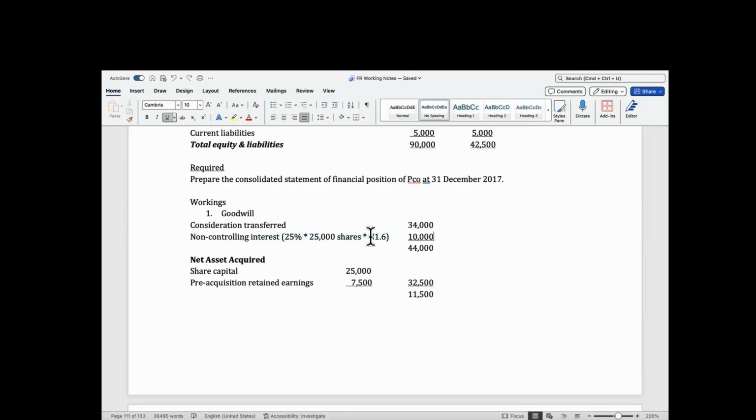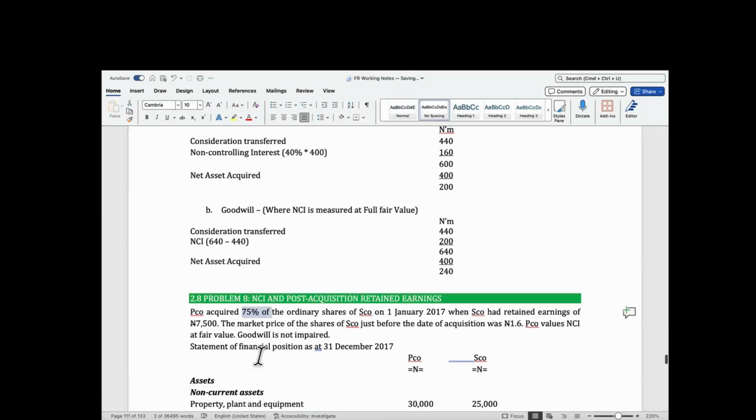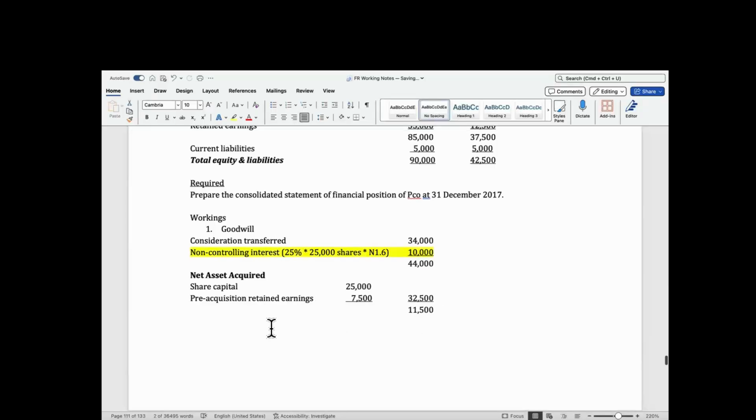The first way, just like I did, let me assume this is not there. And this 34,000 is for how many percent? 75%. So help me do 75% times 32.5.